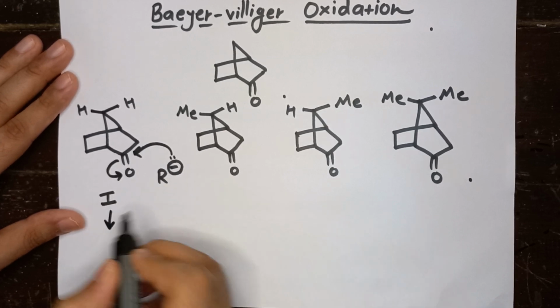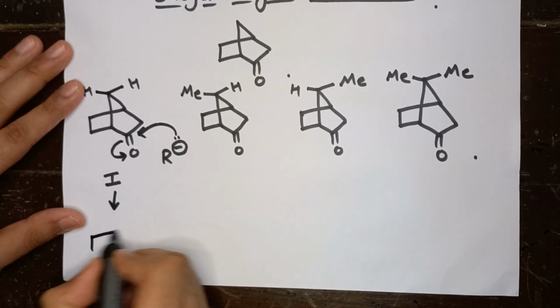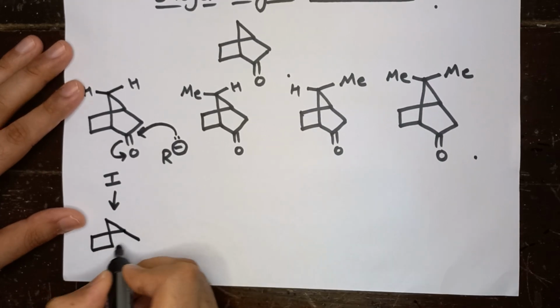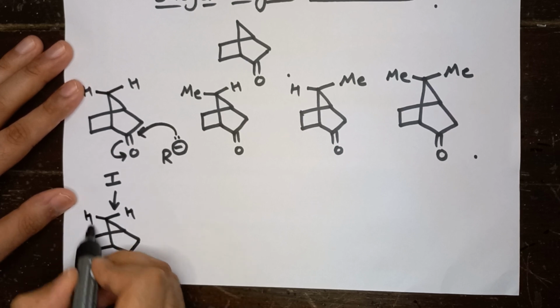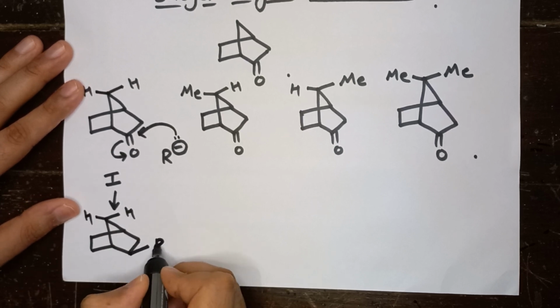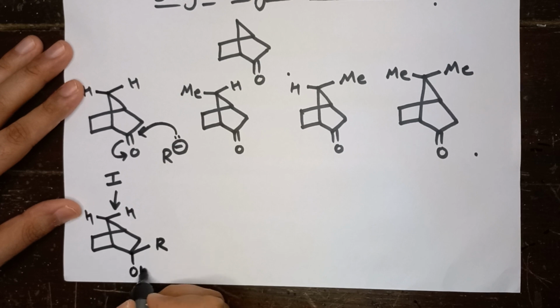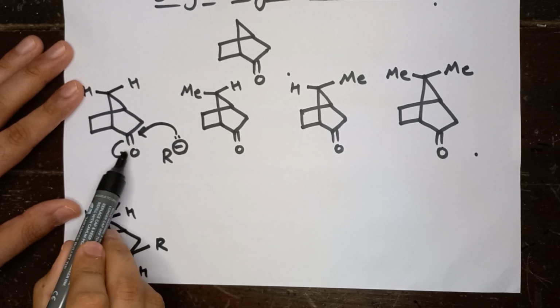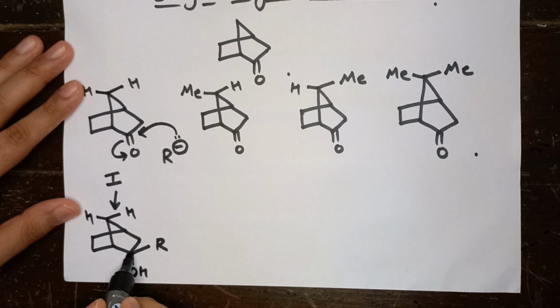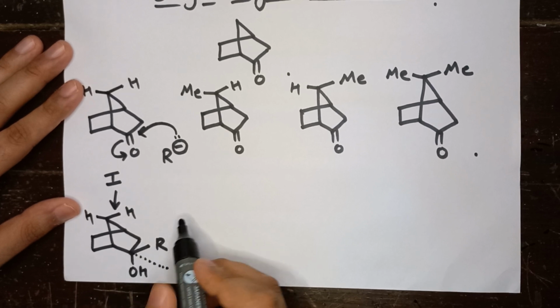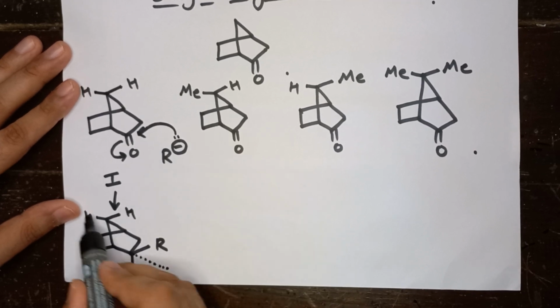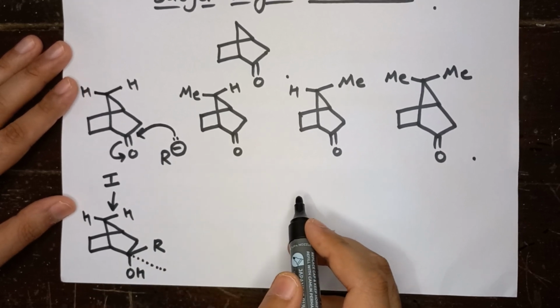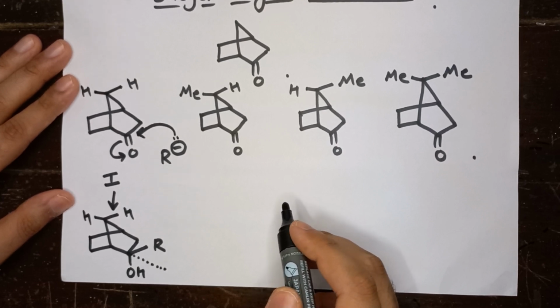So this will give me two hydrogens, and the R group is present above the plane and OH is below the plane. You have to imagine this carbonyl is a planar molecule. So this is my plane and the R group is above the plane. It is attacking from above the plane simply because the hydrogens are not capable enough to cause hindrance.